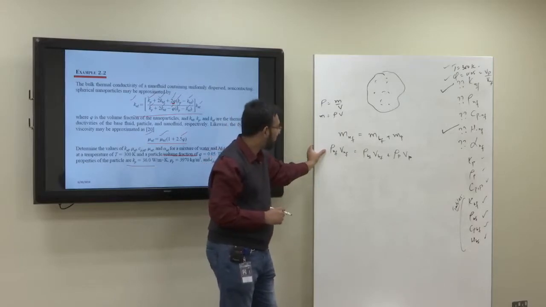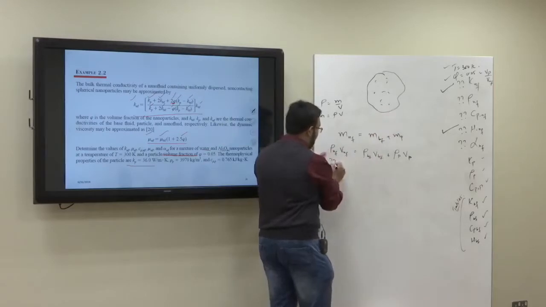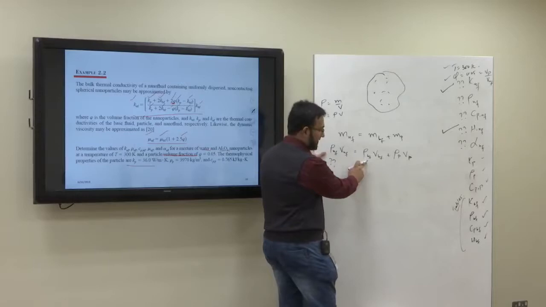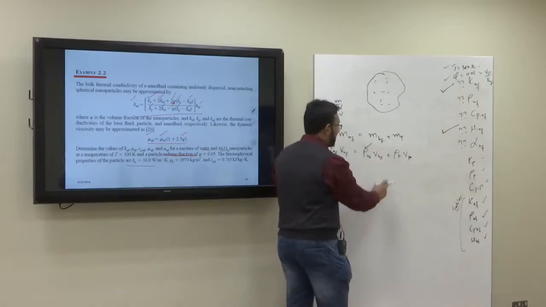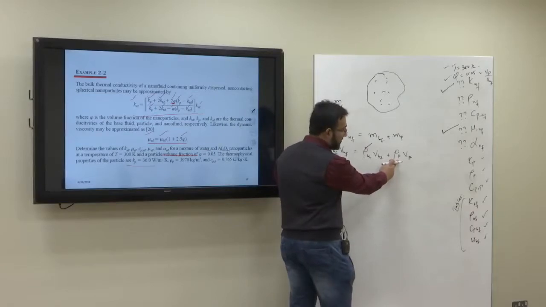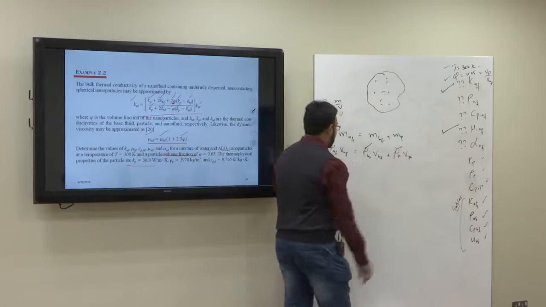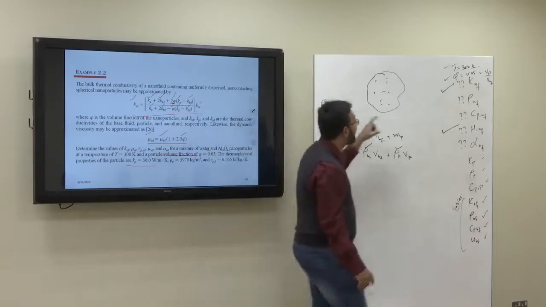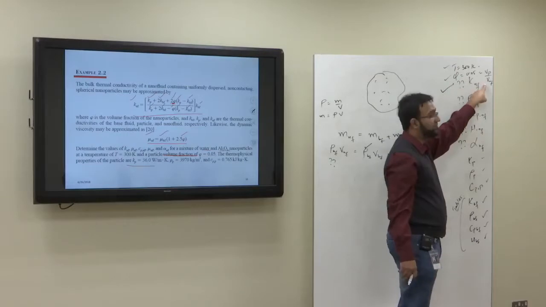Now if I look into here, rho nf is something I need to find, right? Rho bf, from table, right? So it's there. Rho p, given for particle, right? Okay. Now look, we know that phi is the volume fraction and it is Vp by Vnf.